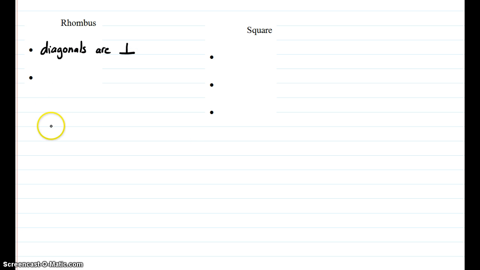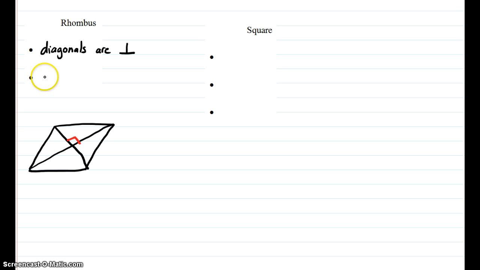So if we look at a rhombus, and we draw the diagonals, where the diagonals cross, they make a 90-degree angle, so these two diagonals are perpendicular. Now, a rhombus is still a parallelogram, so everything else is true. The diagonals bisect each other, the opposite angles are equal, all that stuff.